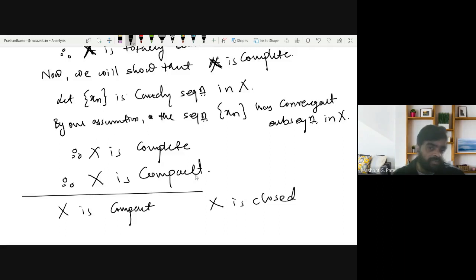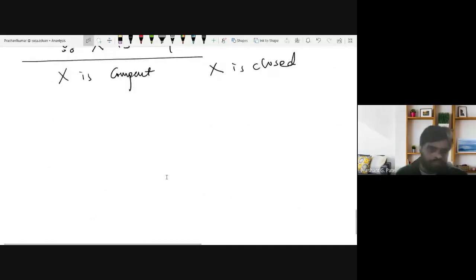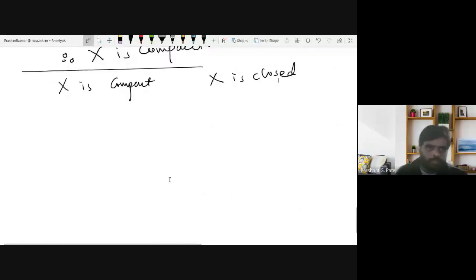That is the statement we did. So is a similar kind of statement possible for compact and closed? This is the next result regarding the same argument.